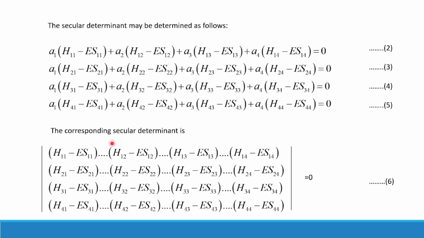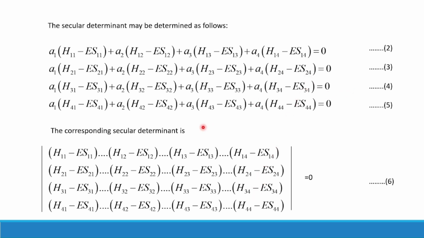Now if we want to write the corresponding secular determinant, we remove a1, a2, a3 and a4. So we can write H11 - ES11, H12 - ES12, H13 - ES13, and H14 - ES14. Similarly from the next equation, H21 - ES21, H22 - ES22, H23 - ES23, and H24 - ES24.